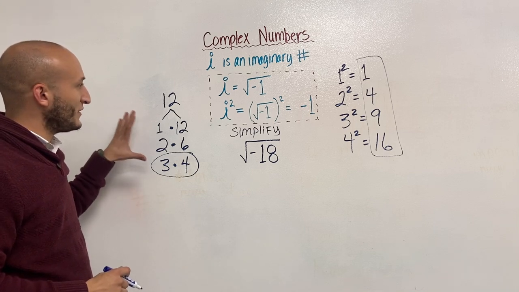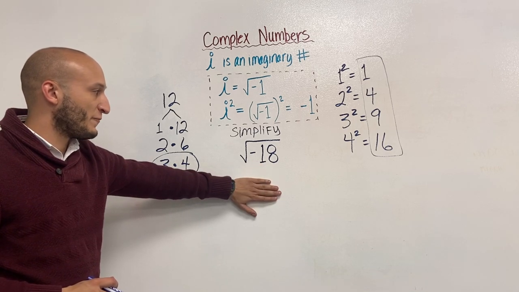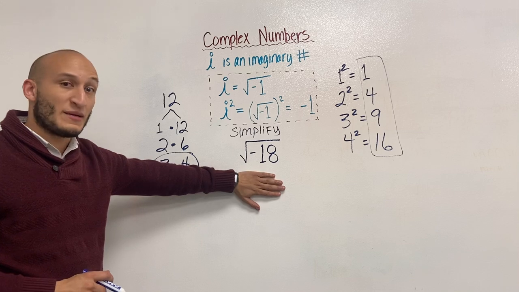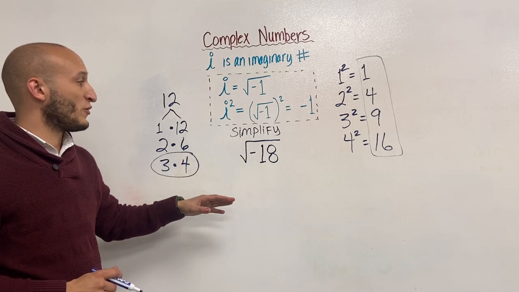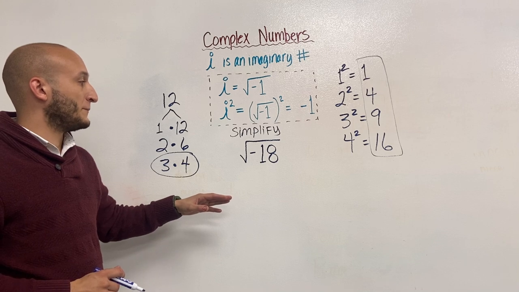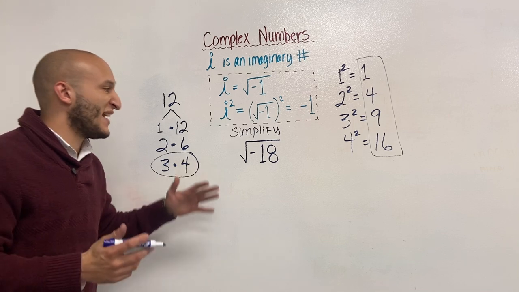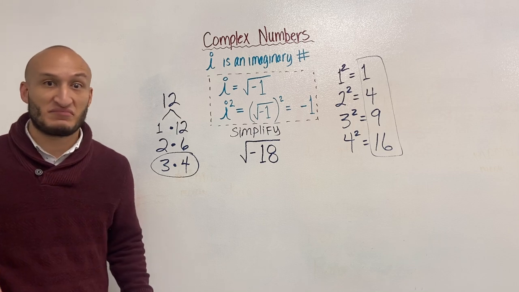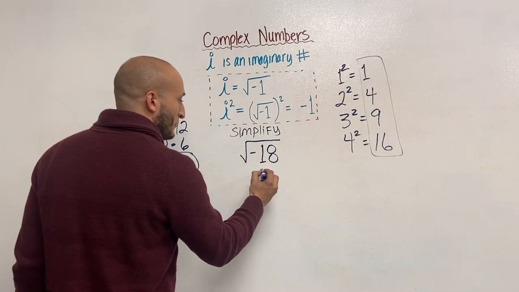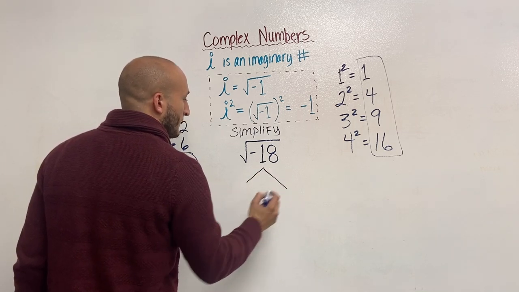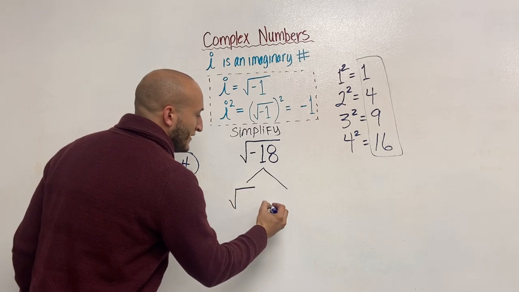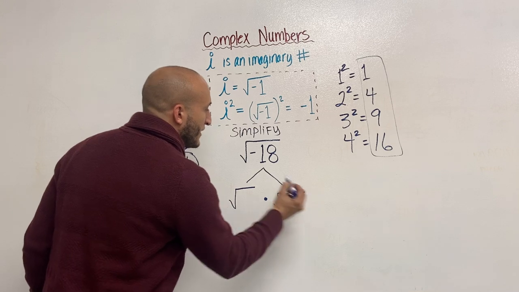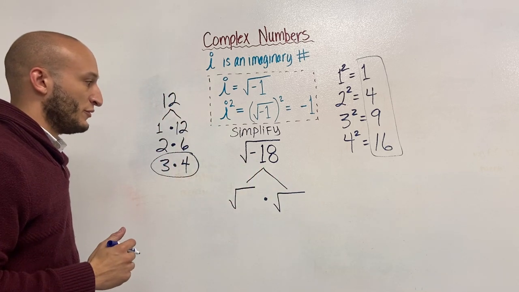I'm gonna do the same thing with these type of problems. When it says simplify and it has a square root, whether it has the negative underneath or not, I'm gonna split this up. Now, it's gonna be slightly different because of the negative underneath the square root.